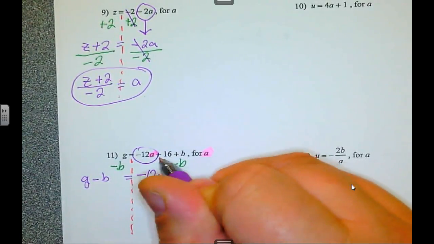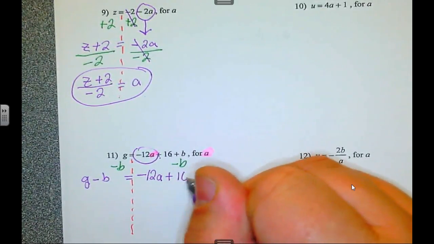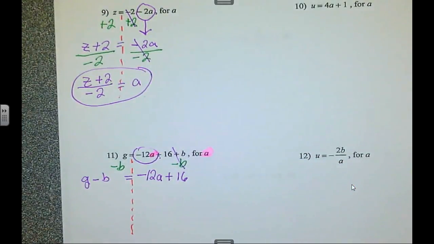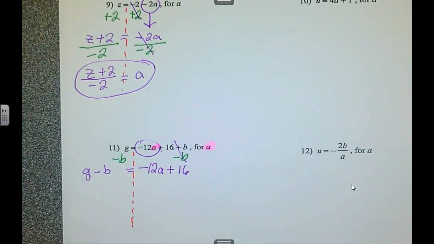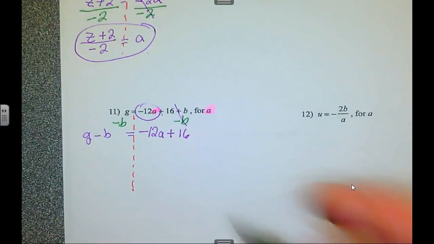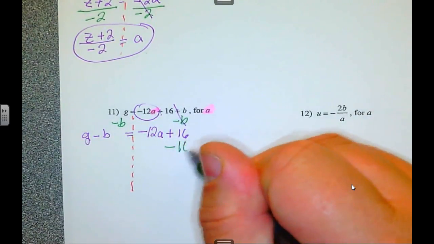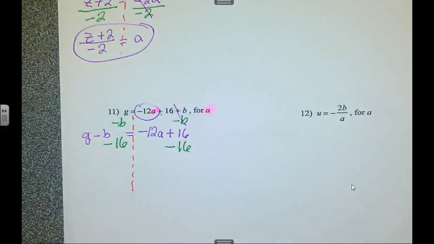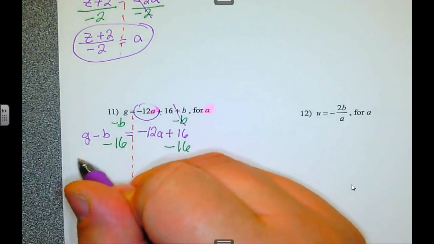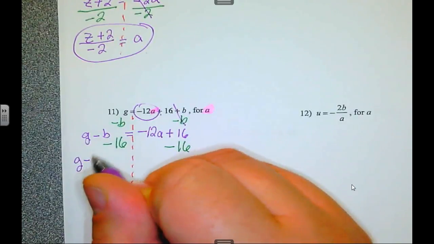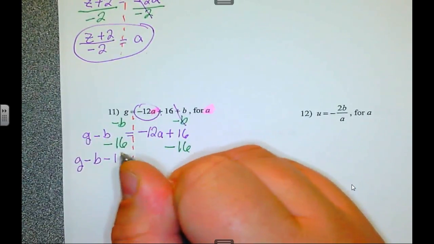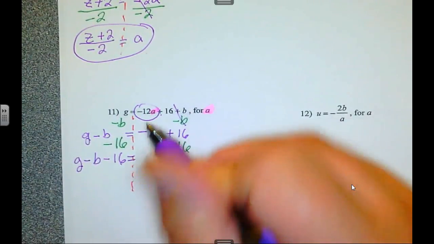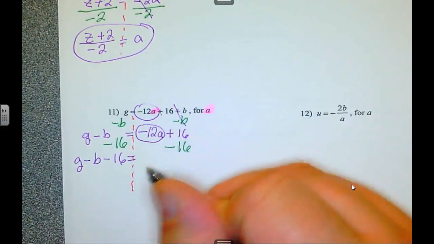Negative 12a plus 16. These add up to 0. Subtract 16 from both sides. Careful. Unlike terms. So I get g minus b minus 16 equals negative 12a.